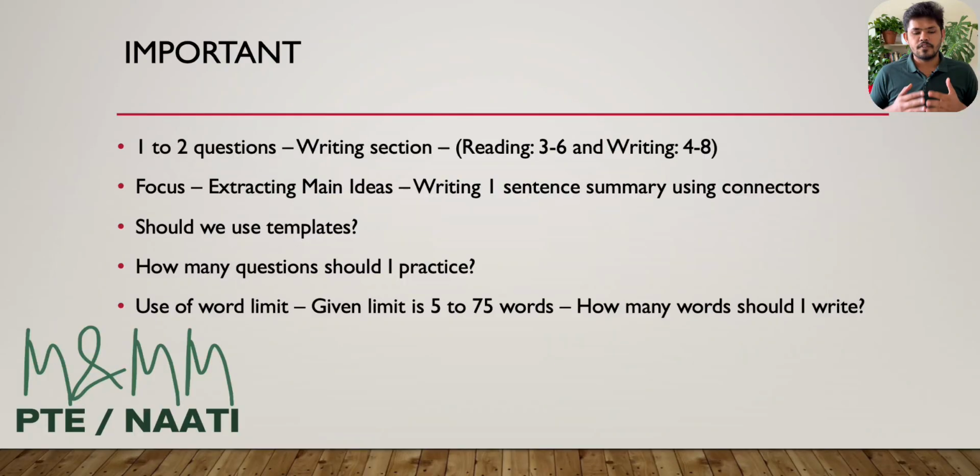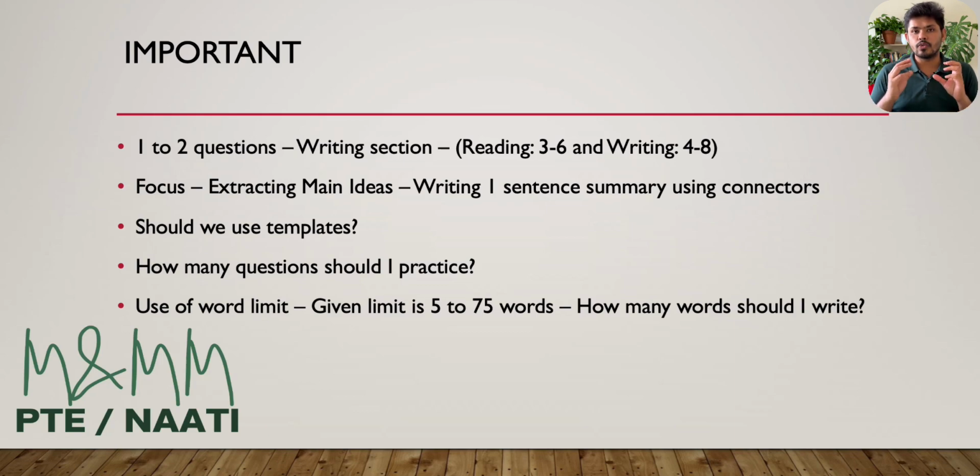Let's get started. The first thing is that summarized written text comes under the writing section. So first you'll get summarized written text when your writing section starts, and you can expect 1 or 2 questions in the exam. In summarized written text, they give you a question which is maybe 1 paragraph or multiple paragraphs.